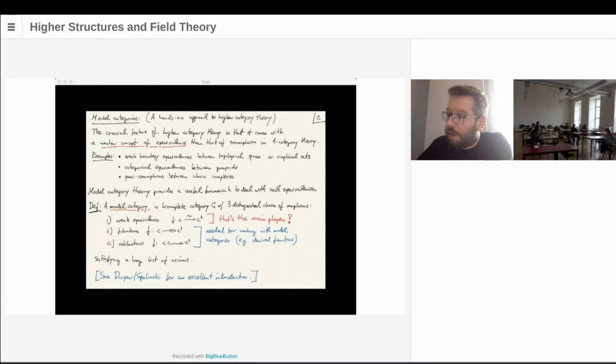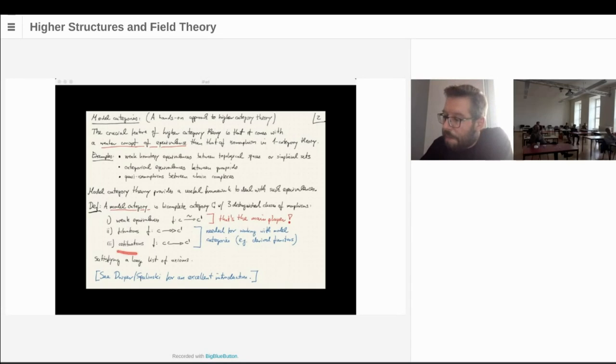So these are called fibrations. Fibrations you should think of as maps which are in a very good way surjective. They are as surjective as possible. Where surjective doesn't mean normally surjective, but you should think of that really as something like a fiber bundle would be a fibration of topological spaces.